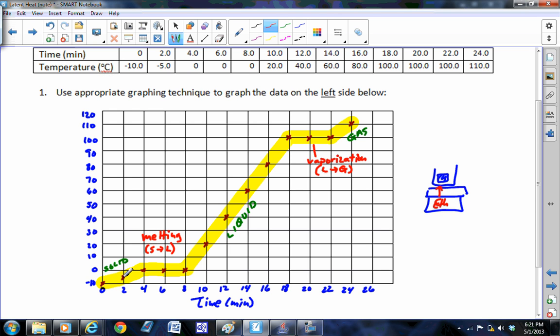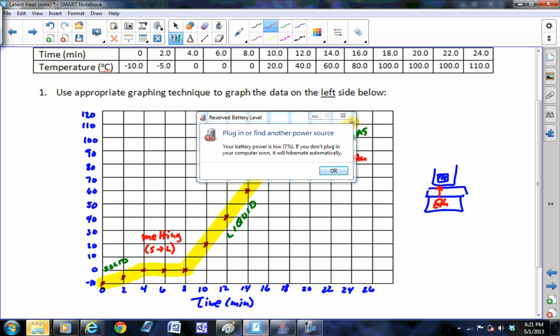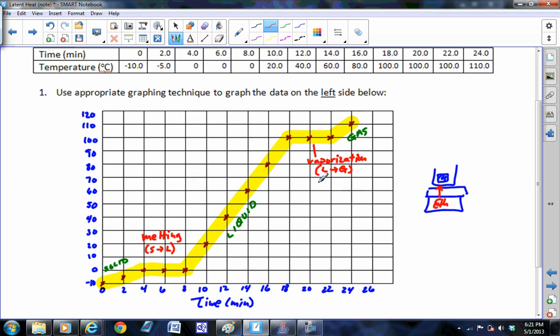The particles are vibrating faster as represented by the increase in temperature. However, all of a sudden we have this plateau. So what's happening here? Well, remember, we're going from a solid to a liquid. So what's going on here is we're breaking the bonds between the solid water molecules.